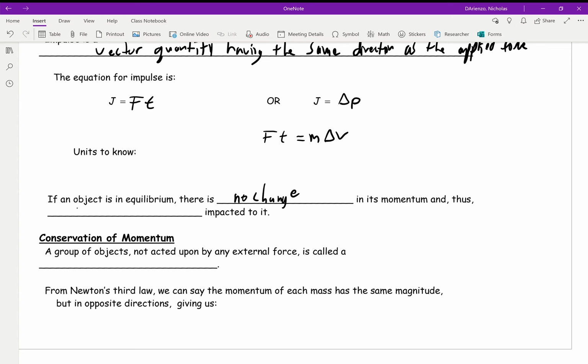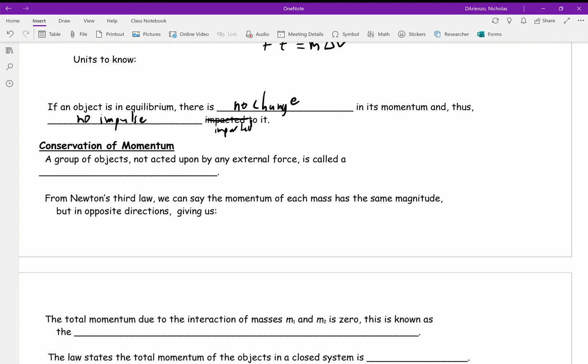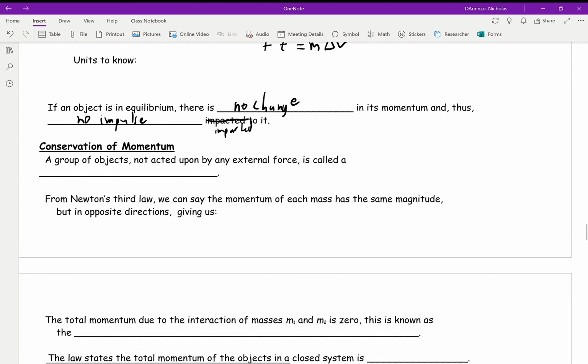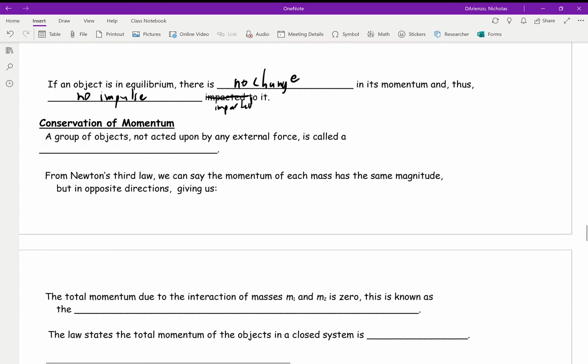Thus, we're going to have no impulse imparted to it. So what we really want to look for here is the change in velocity. That'll give us an idea of the change in momentum or the impulse.